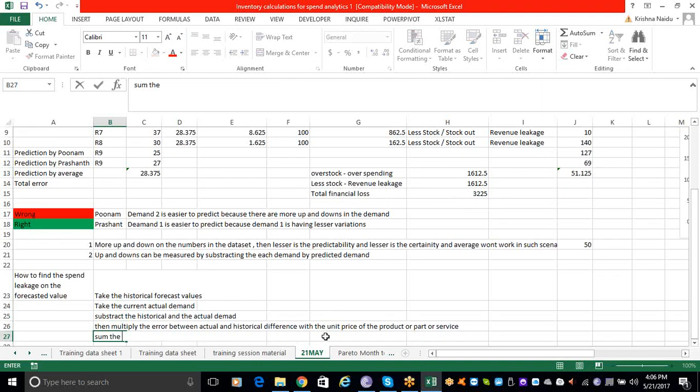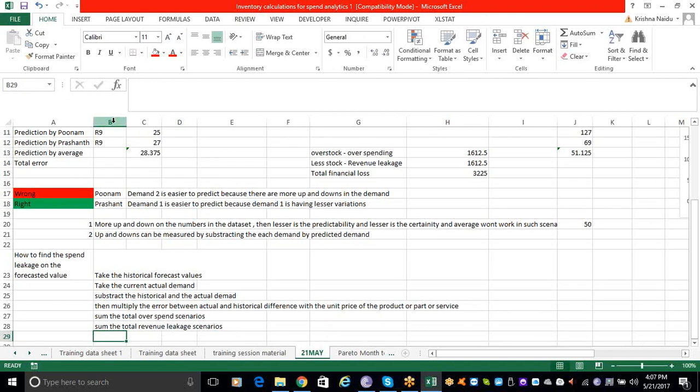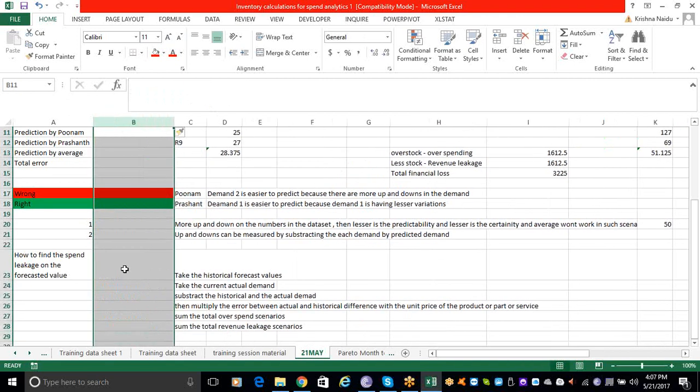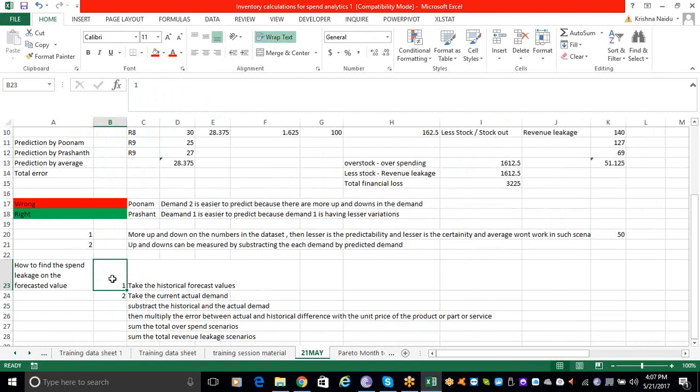Sum the total overspend scenarios. Sum the total revenue scenario.